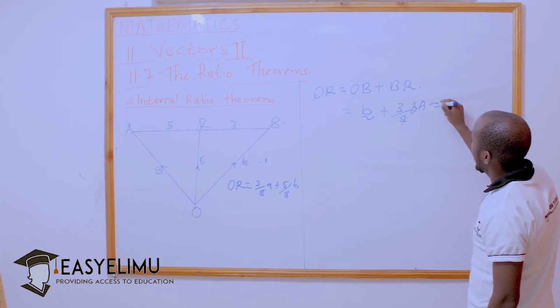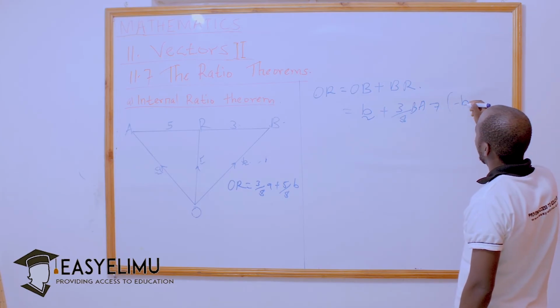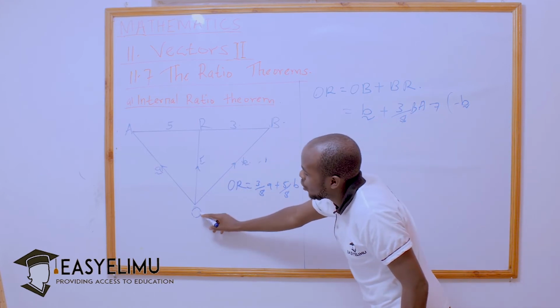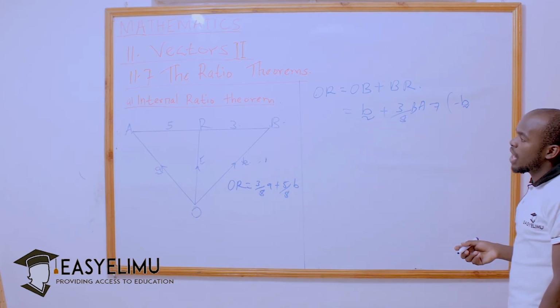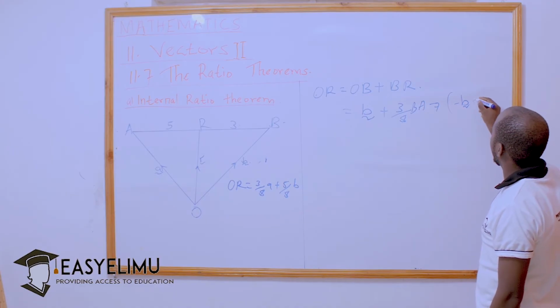But remember, BA here is equal to BO plus OA, that is negative B plus A.